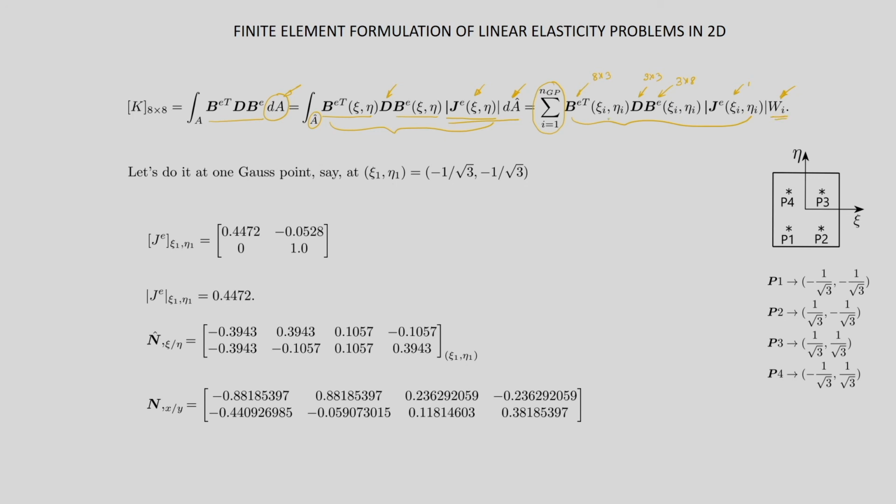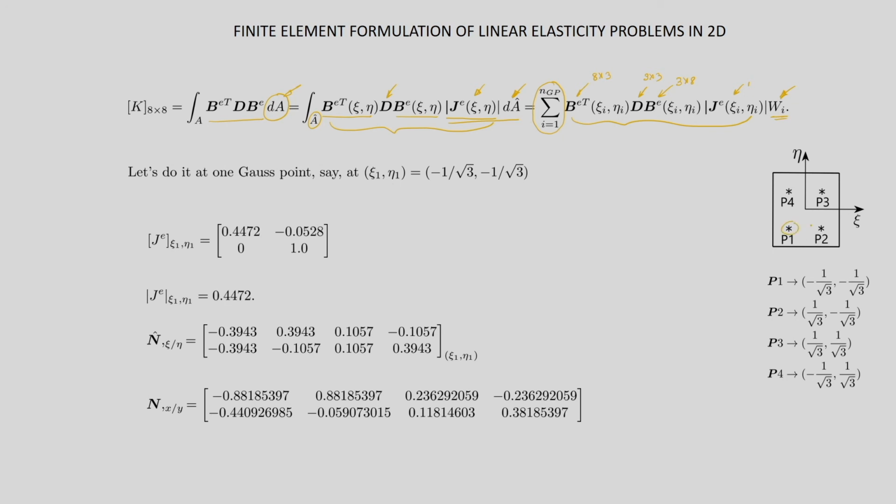So, here we have a matrix of size 8 by 8, evaluated at a particular Gauss point. Similarly, we have to evaluate the B transpose D B at the other Gauss points also, and sum them up. Here I have demonstrated the process using a particular Gauss point.